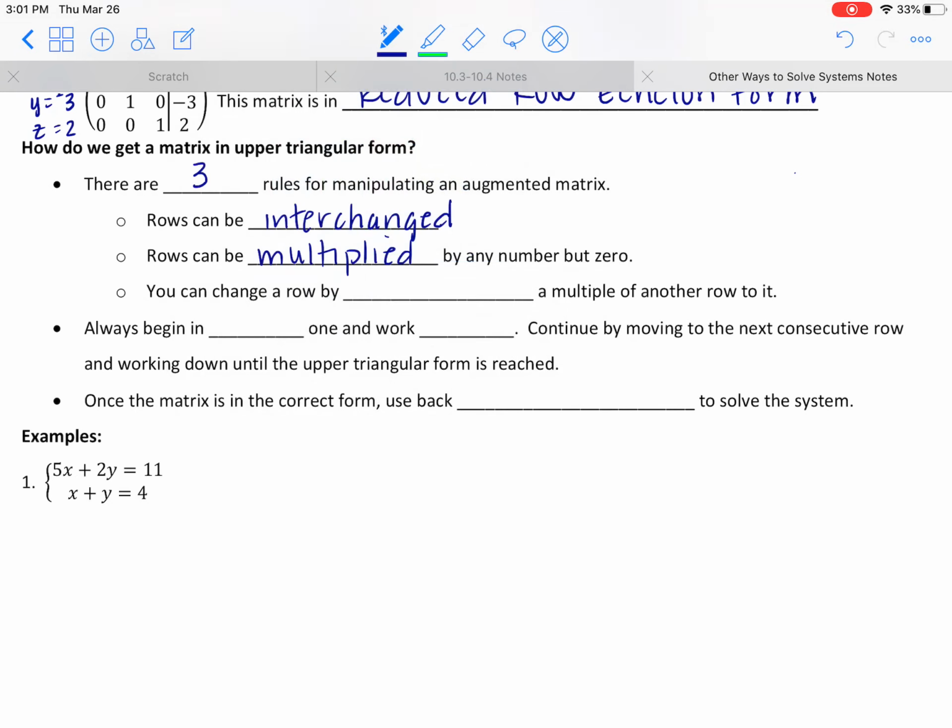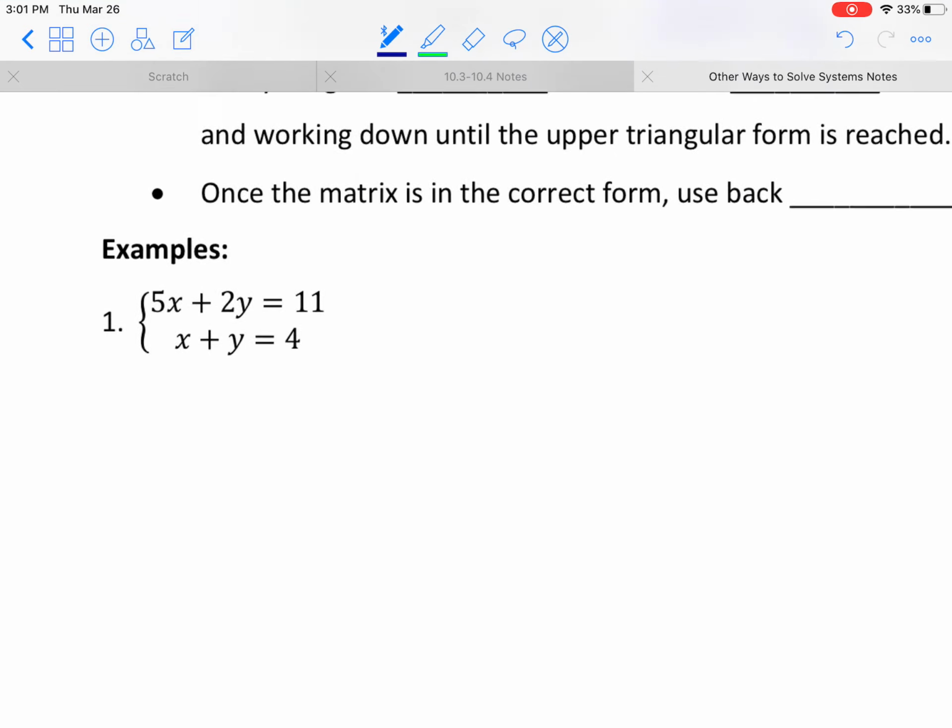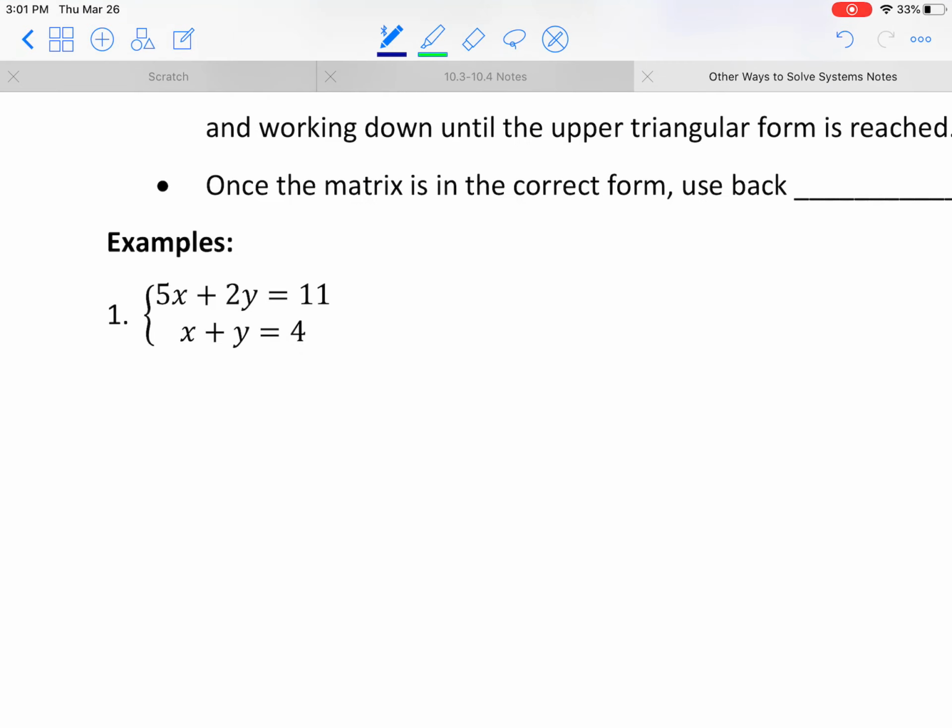And then the last one is the one that seems tricky, but again, it's elimination. You can change a row by adding to it a multiple of another row. So again, if I was just using elimination here, let's say I wanted to eliminate the y's. If I multiply this whole equation by a -2, it gives me a -2x, a -2y, and a -8.